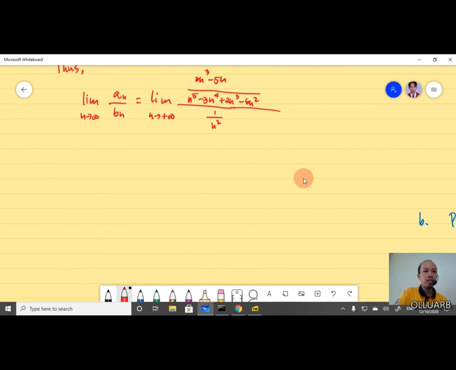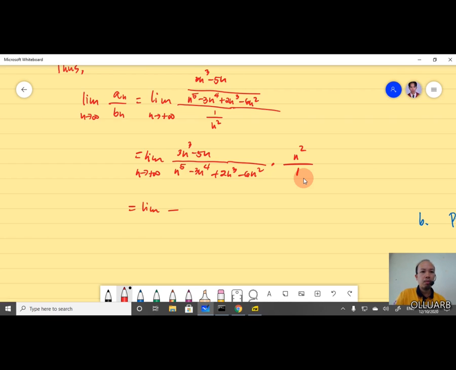So simplify. You will have the limit of, we can use our algebra here, minus 3n to the 4 plus 2n cubed minus 6n squared times this will become n squared over 1, as n approaches positive infinity.